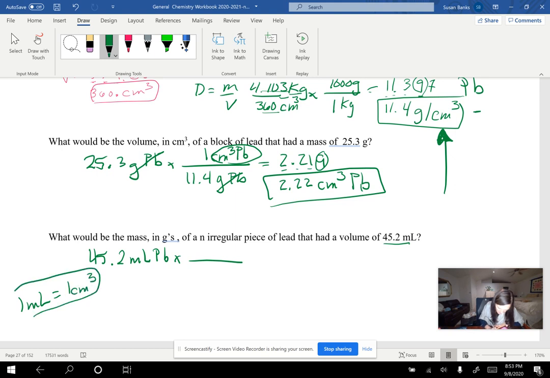We did that, I don't know, probably 3 or 4 days ago. It's probably 4 or 5 pages back in your notes. So I can use that centimeter cubed right here to also show me milliliters. So in 1 milliliter of lead, I have 11.4 grams of lead. So my milliliters of lead cancels and I'm left with grams, which is exactly what I want. So I'm going to take 45.2 and multiply it by 11.4.